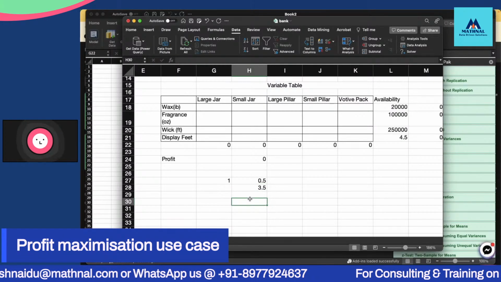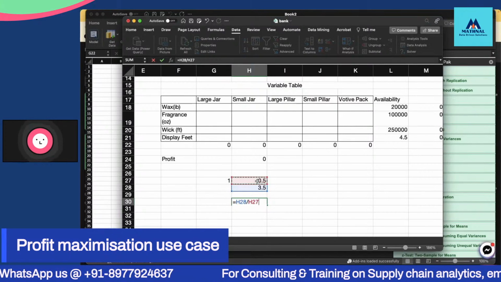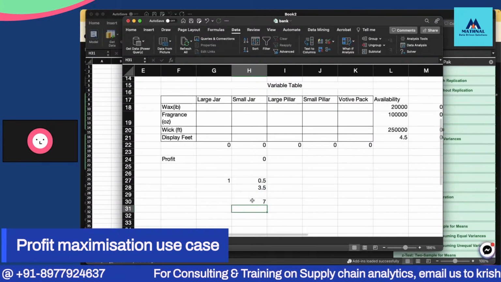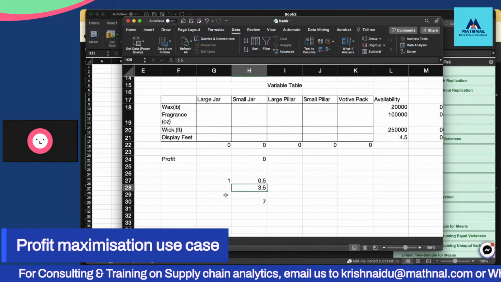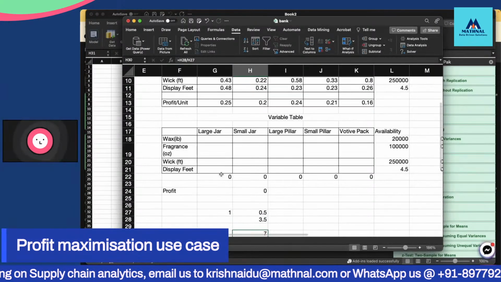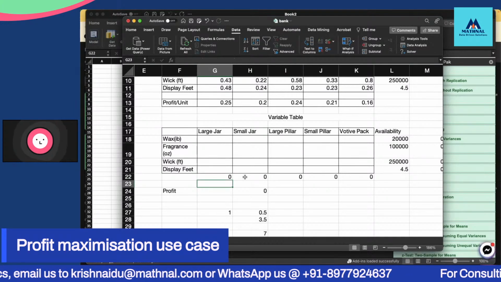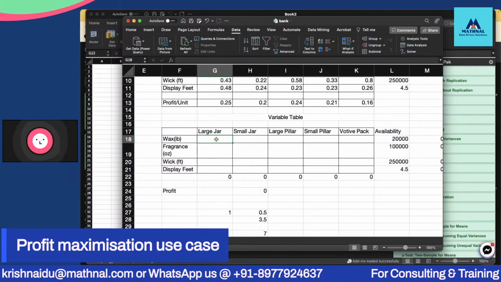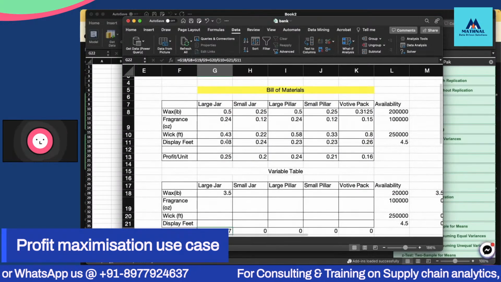This is 3.5 divided by 0.5, which is 7. That's what I'm doing here, G18. If I get a value 3.5 here, I'm getting 7 units.